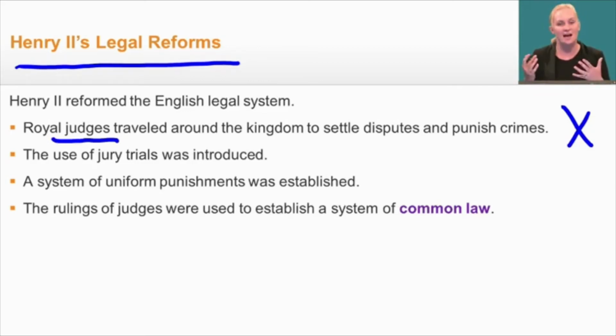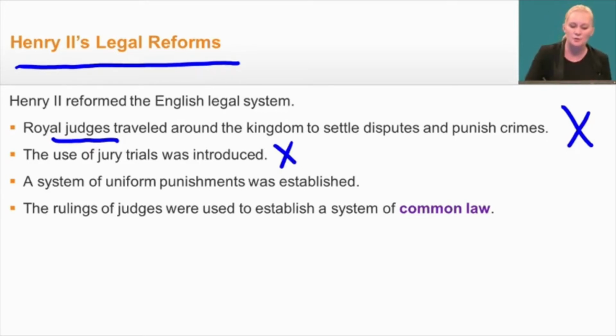That is equal in our society today. The use of a jury trial was introduced where they would use 12 educated men or 12 lawful men to sit and listen to these disputes being settled. We still do that today. In jury trials, we have 12 people listen to the trial.